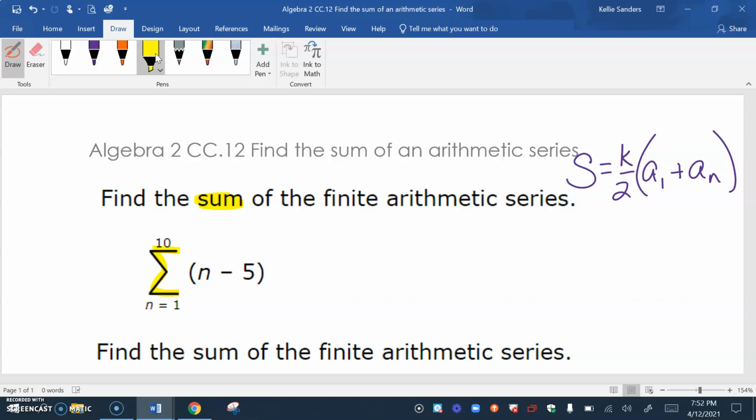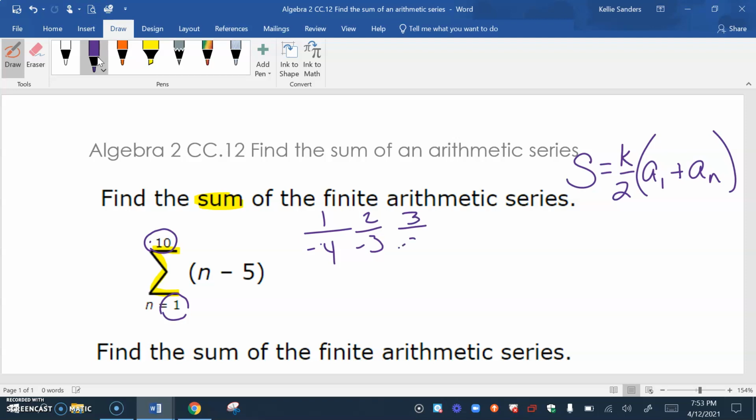And what it's asking for, and you're not going to have to do this every single time, but it's telling you what number to start with and what number to stop with. So if I put 1 in, for 1, I get -4. For 2, -3.